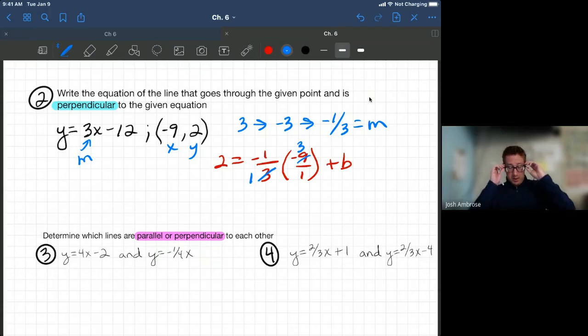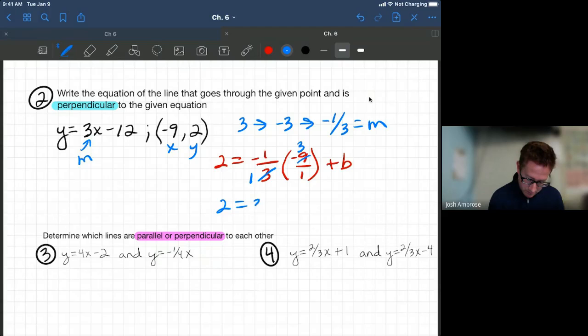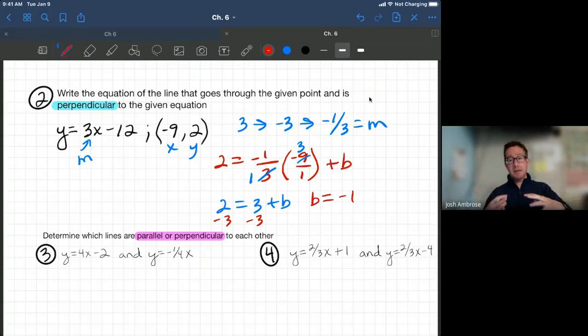So we are looking at -1 times -3, which gives us a regular 3. So 2 equals 3 plus b. And then we need to subtract 3 from both sides. b equals -1.